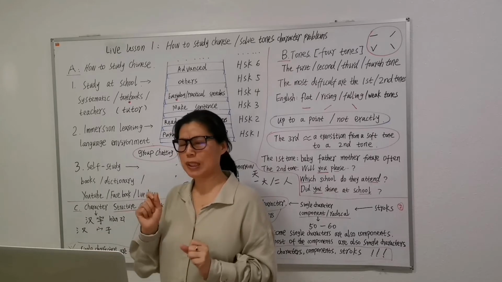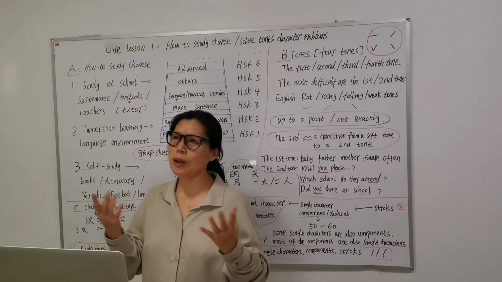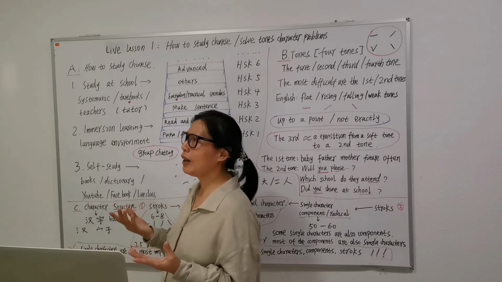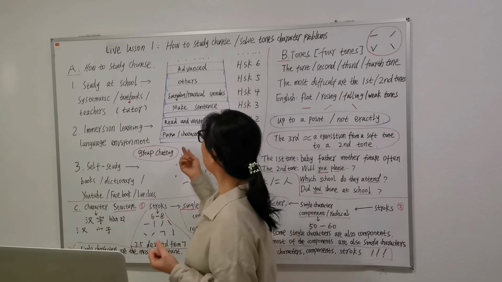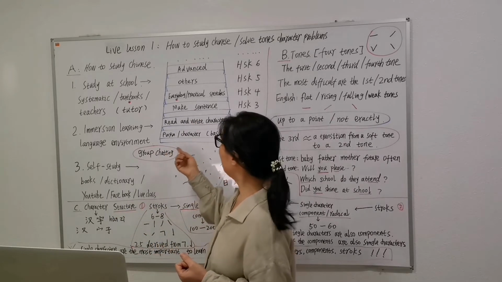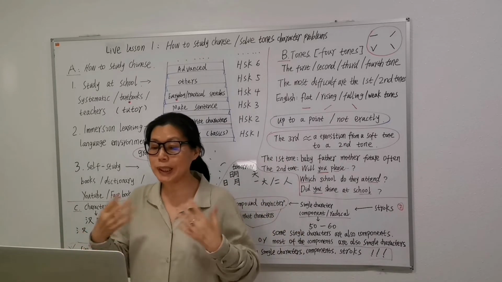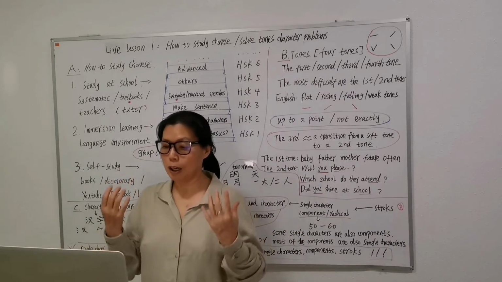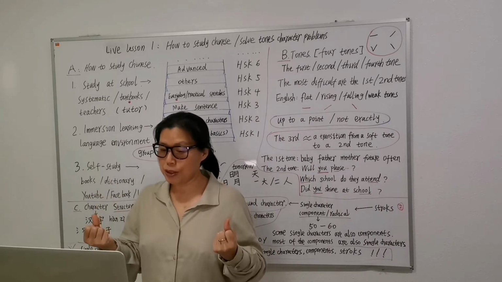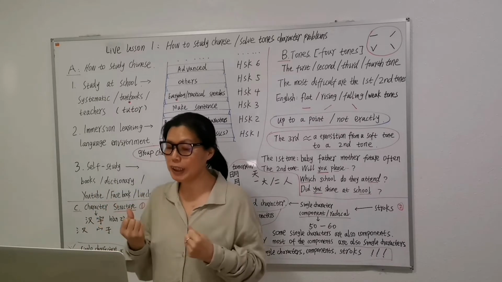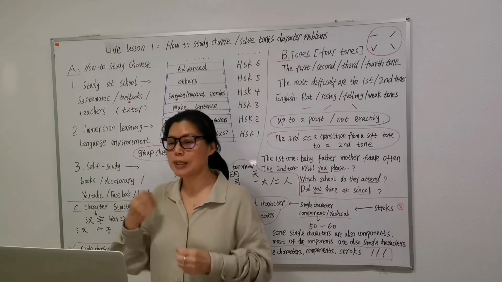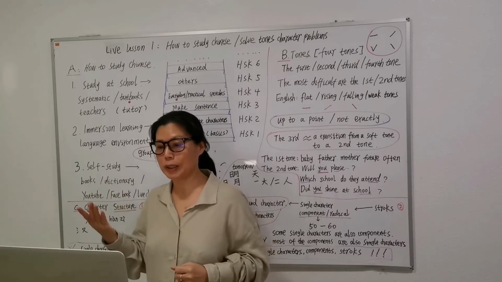If you think, I have learned for so long, why do I have to go back to learn the basics? Because you didn't build a solid foundation very well. You need to make it up. Then you can go on quickly.